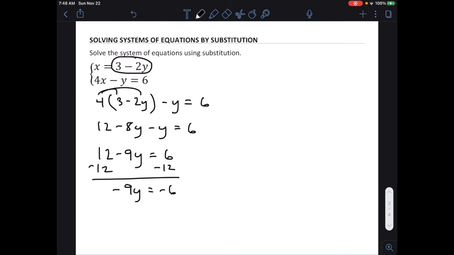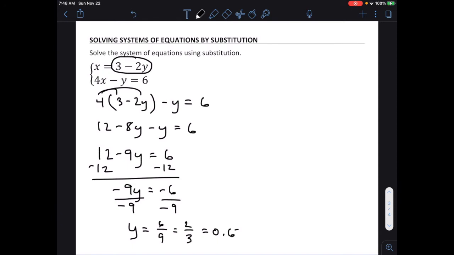And then we're going to divide by negative 9. And you're going to notice this time we're going to get a fraction. So y is equal to, if I take negative 6 over negative 9, that's positive 6 over 9. But then I can divide both of those by 3, so it ends up being 2/3. And I know a lot of you really like to grab the calculator and turn this into a decimal, 0.67.